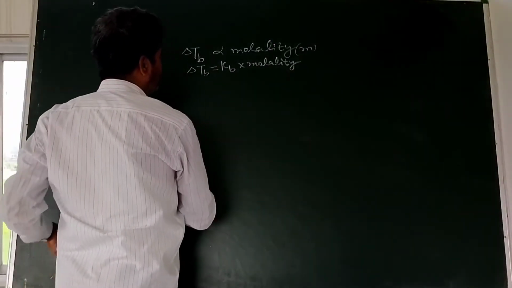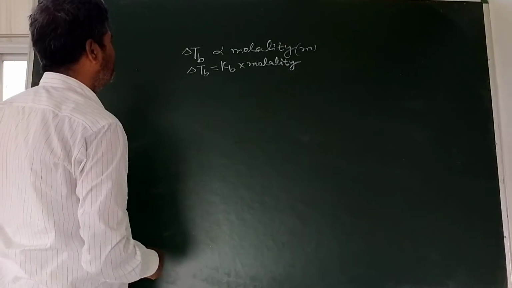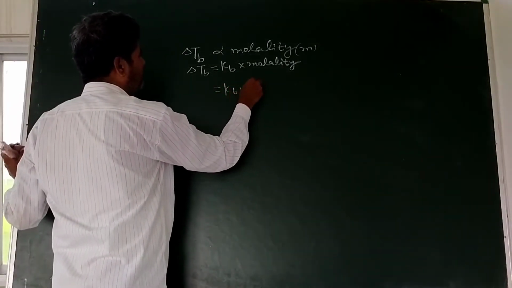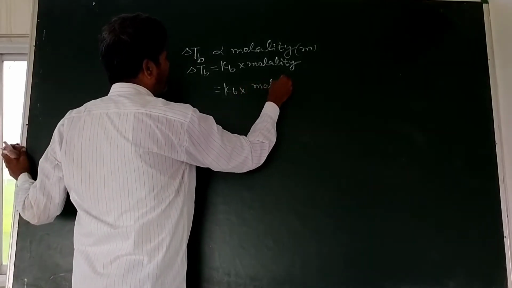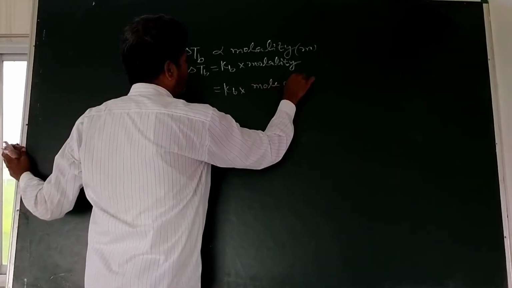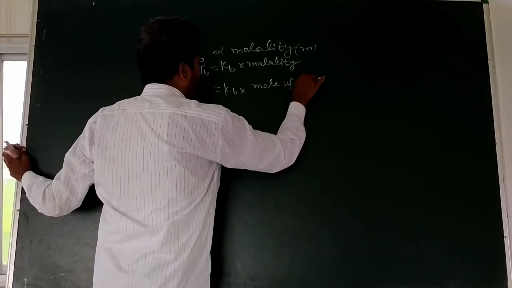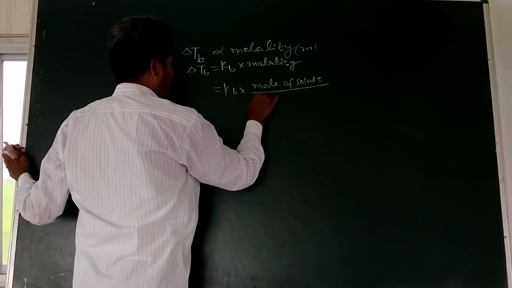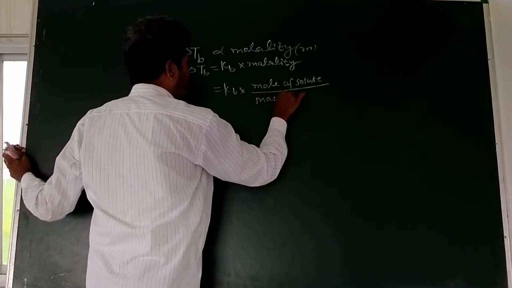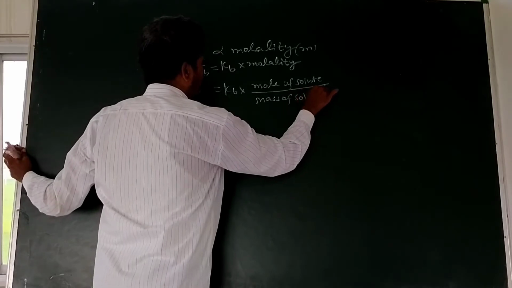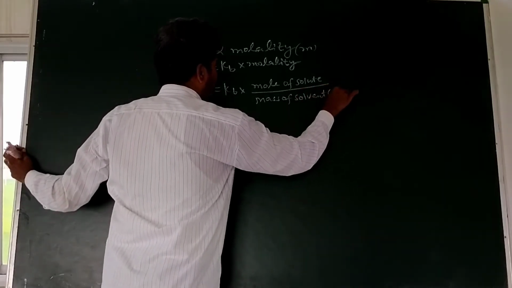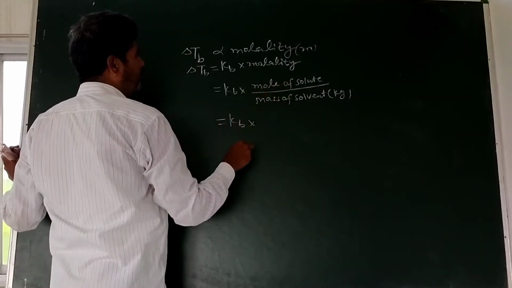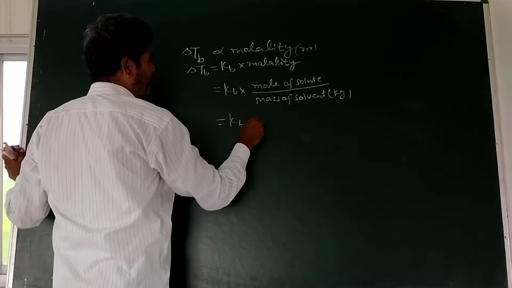Now we will write the formula of molarity. Kb into molarity means moles of solute upon mass of solvent in kg. Further, moles means mass of solute upon its molar mass.